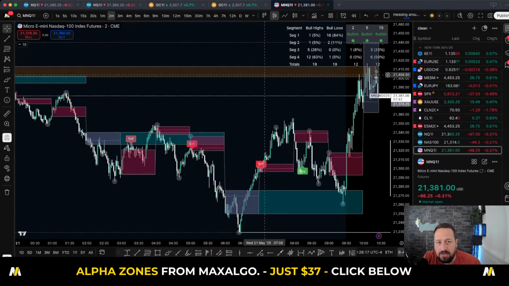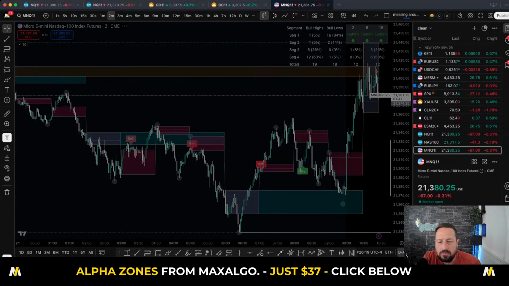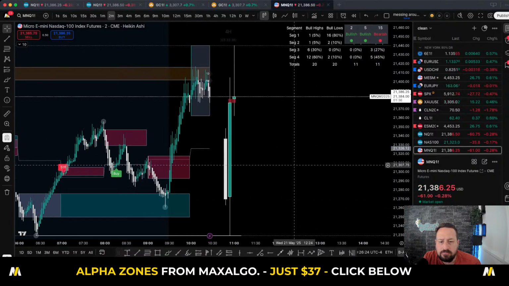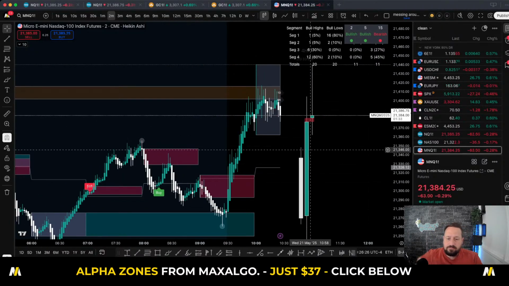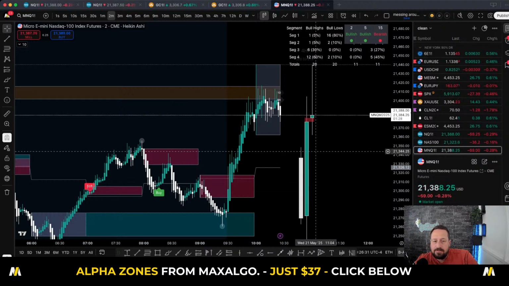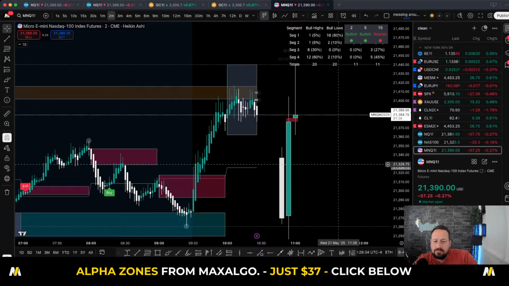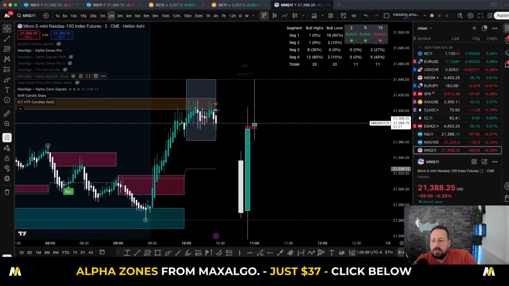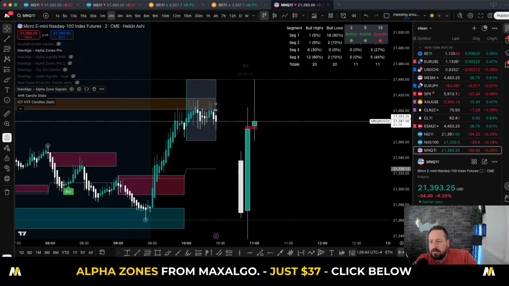You'll have signals here, right? You can see this is the one that's generating the signals, right? So we'll try and figure out why yours isn't triggering.